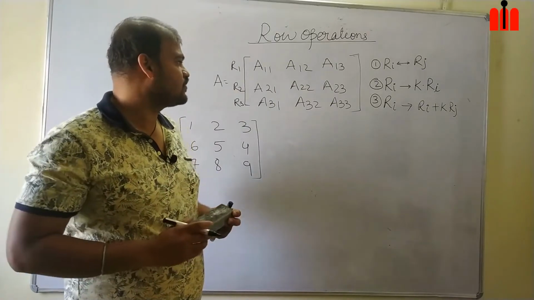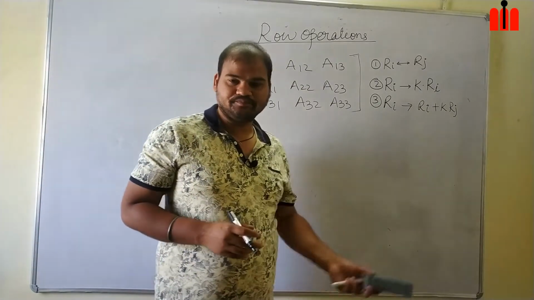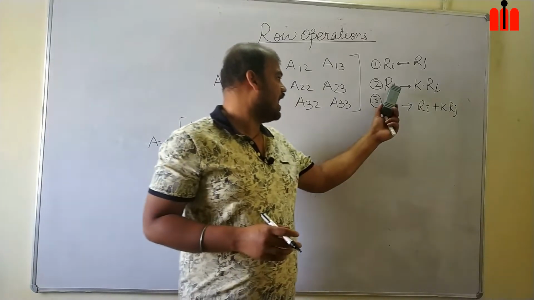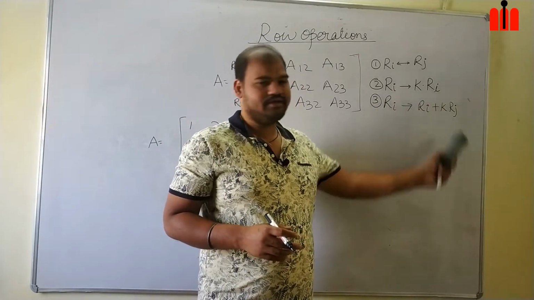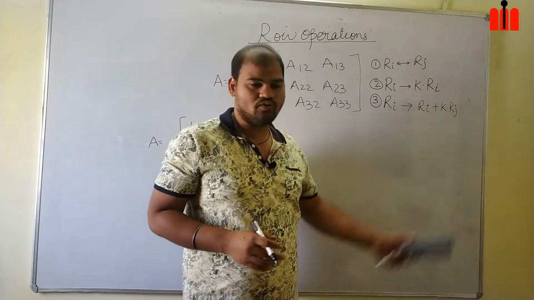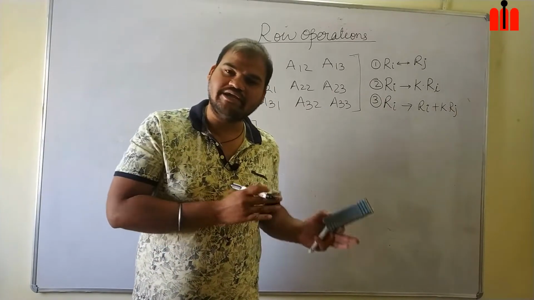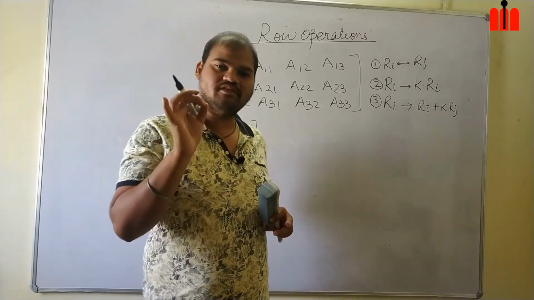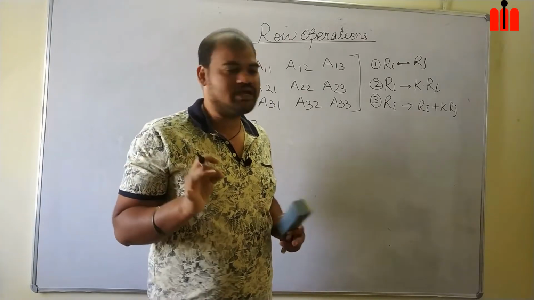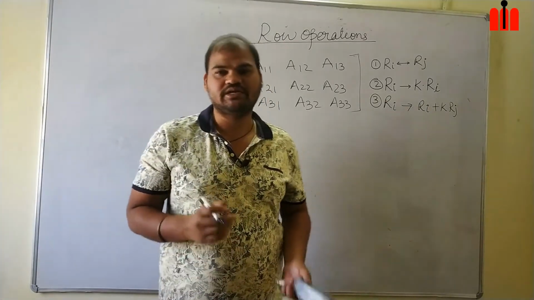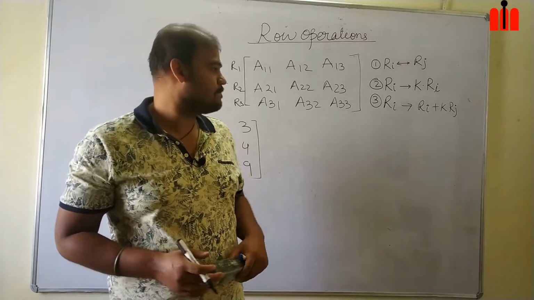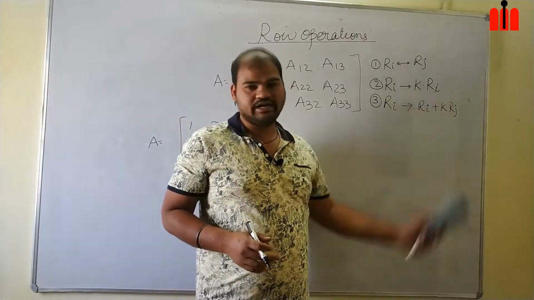Now second is Ri to K Ri. That means in the same row, if R1 is there, the entire R1 is multiplied with a number K. It can be 2, it can be 3, anything. So a number is multiplied to the entire row.